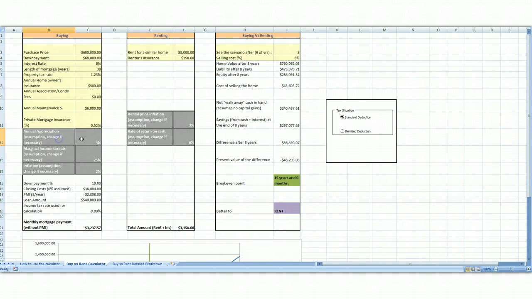And the gray cells are, again, you can change those values, but they are a little difficult to guess. For example, the annual appreciation value: a house won't be going up every single year. I have put 3%, but some years it might be going in the wrong direction. So just handle these values with care.